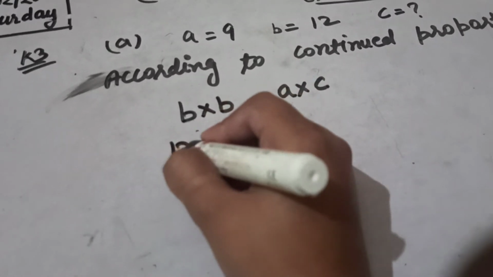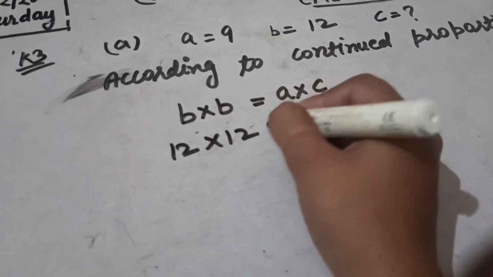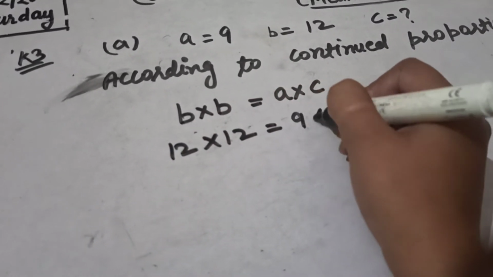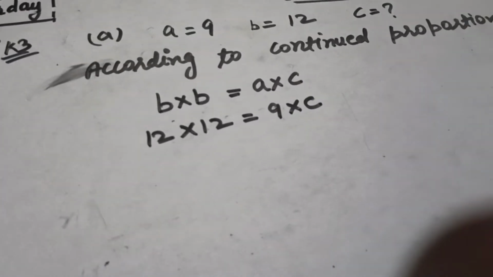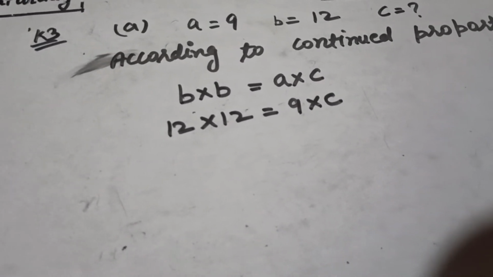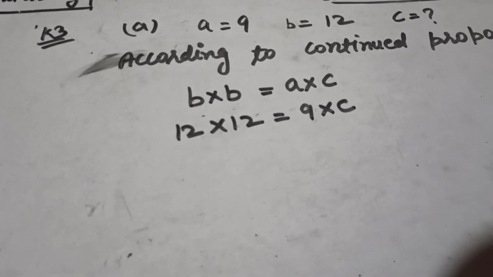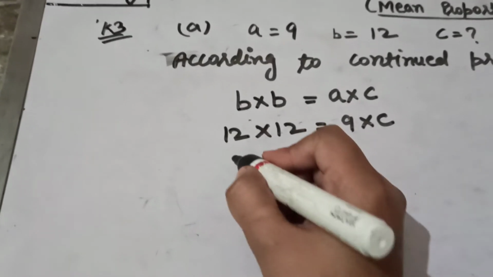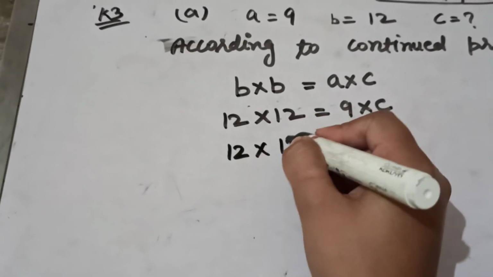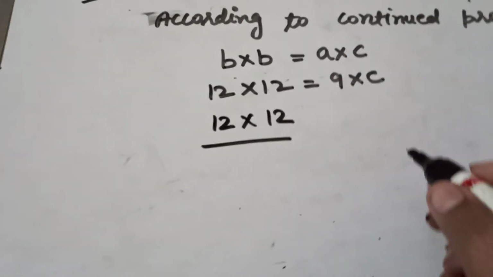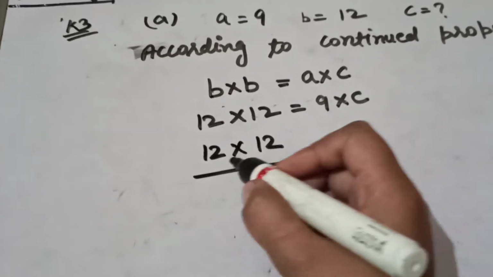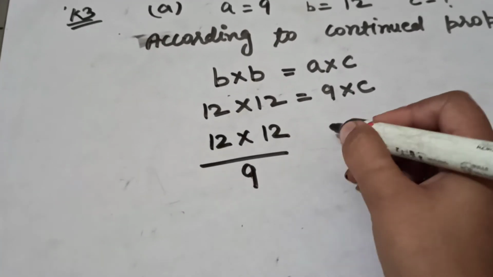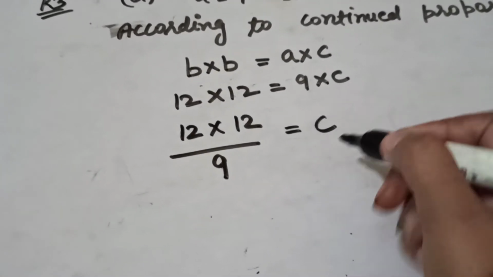B value we know, 12 multiply 12 equals to 9 multiply the value of the C. We don't know, so we will put it as it is, C. After this, now we will take this 9 this side, 12 multiply 12. Here this 9 is in multiply, so we will take it this side, then it turns into division, or it will be the denominator.